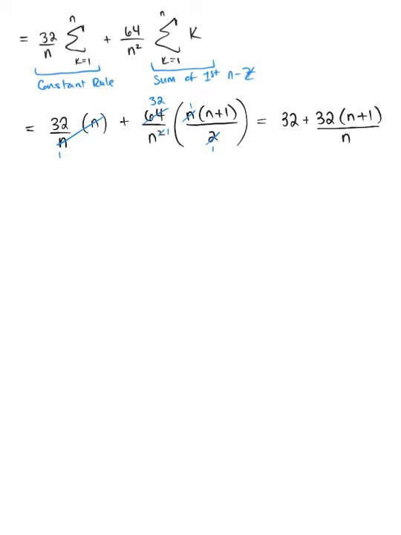So we can distribute this n in the denominator through to each term in the numerator. So in other words, you have 32 plus 32 multiplied by n over n plus 1 over n. So the n divided by n goes to 1, leaving us with 32 plus 32 multiplied by 1 plus 1 over n.